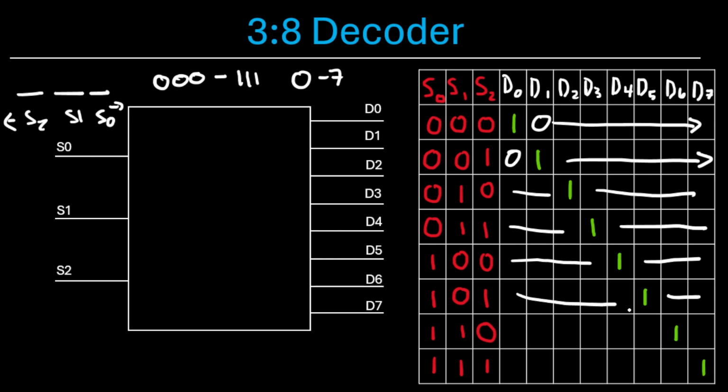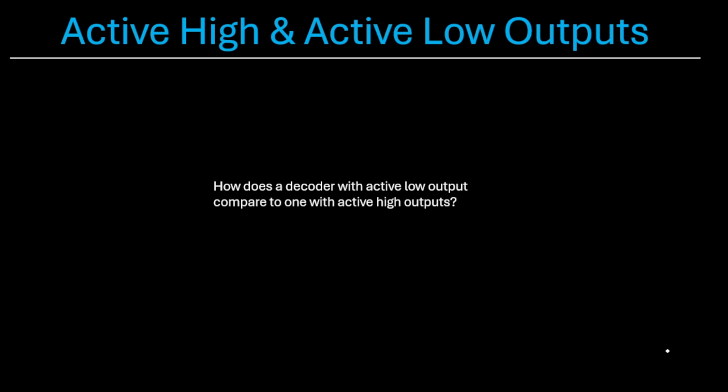Only one output pin is going to be high at a time, and all others are going to be low. Now, there's one final topic we need to talk about, and that's active low decoders. So we've been looking at active high decoders, where if we input, say, 0, 0, our D0 pin will be high. Now, what's the difference between an active low and an active high?